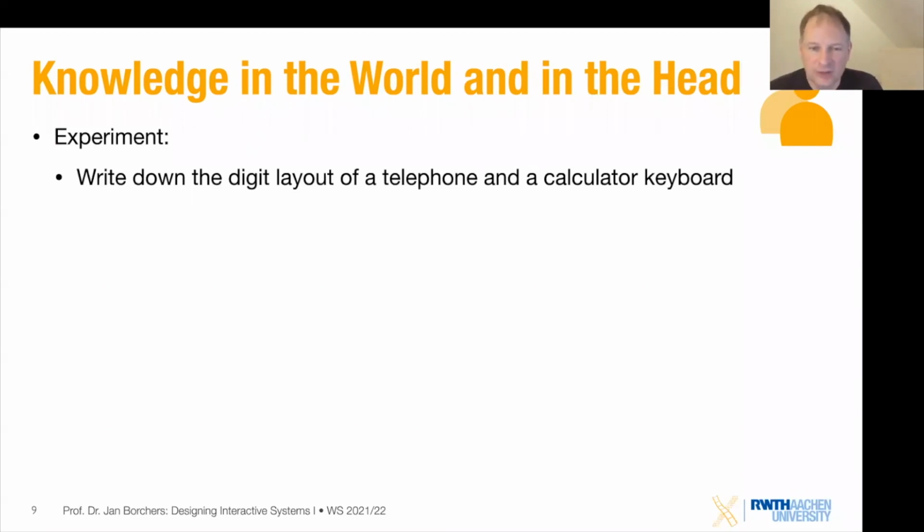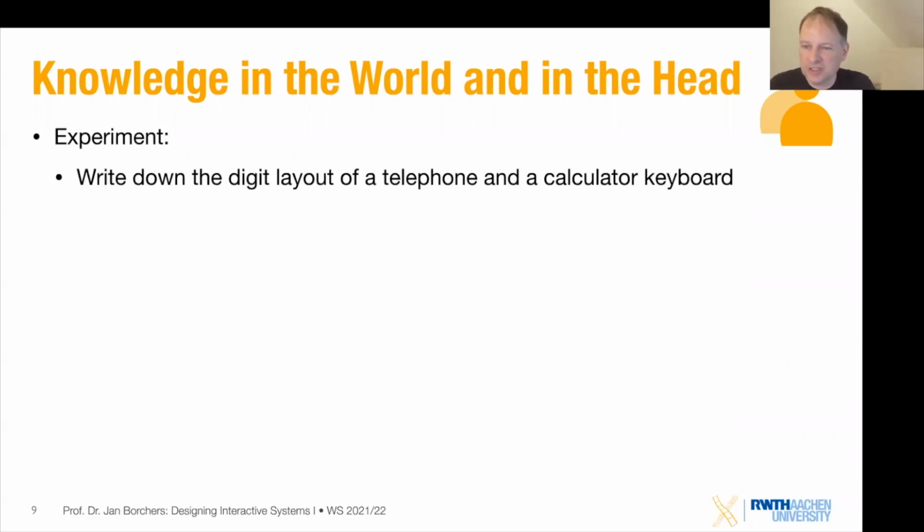To start this off, I want you to take out a piece of paper, and without looking at your smartphone or the keyboard of your computer, if it has a number pad, just from memory, sketch how the digits are laid out on a typical button telephone, like your smartphone's number pad, and sketch out how they're laid out on a typical calculator, including the calculator app on your smartphone, probably.